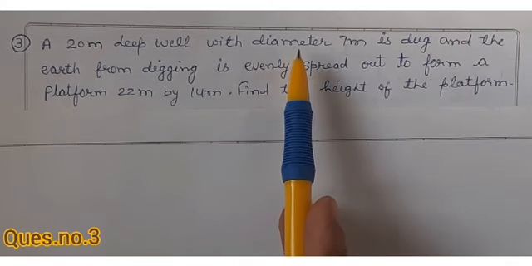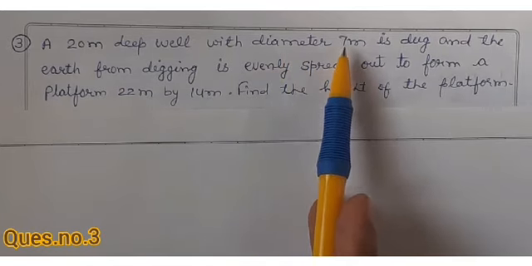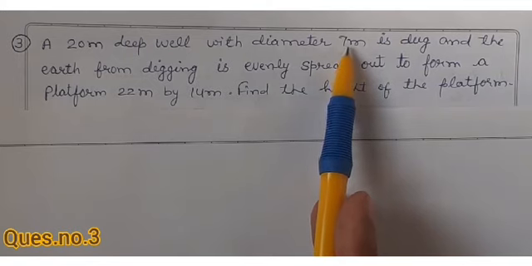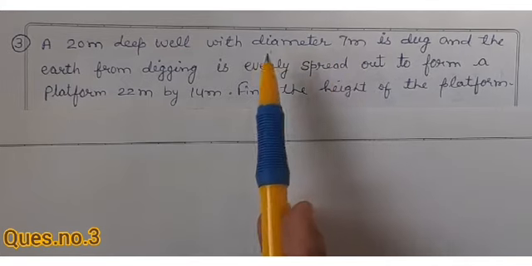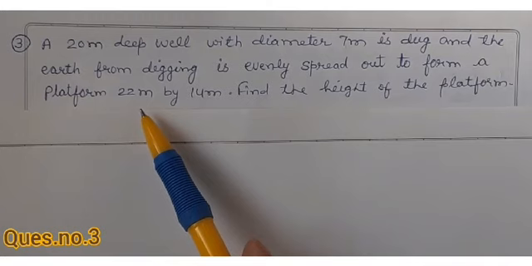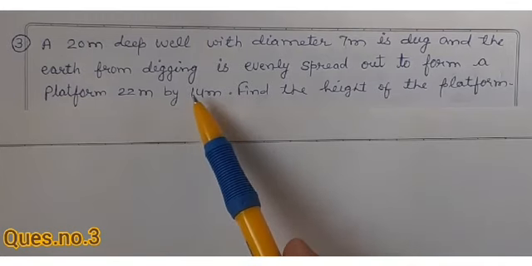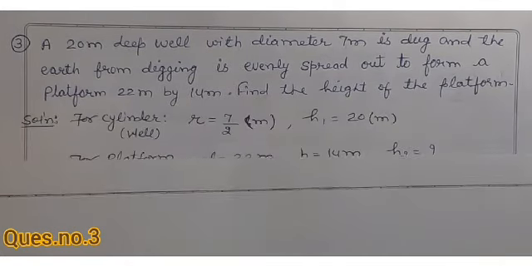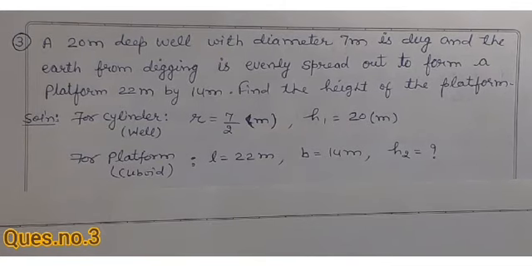And for the well, what is given to you? Diameter is given, 7 meter, so radius will be 7 by 2. Height is given to you, 20 meter. For the platform, L and B are given.